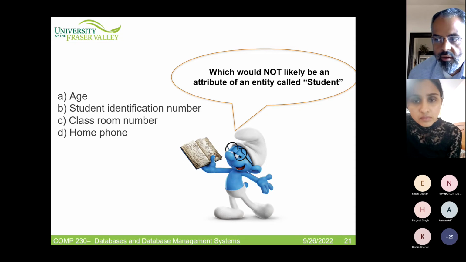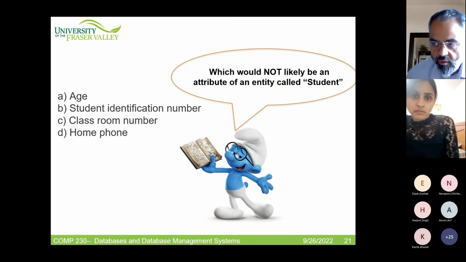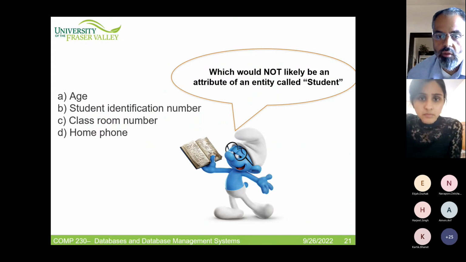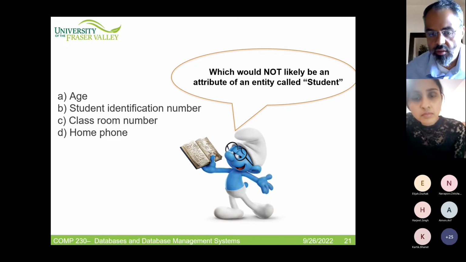So we have an entity, we name it student, and we are defining the attributes for it. The question is, one of them is not an attribute. Which one?